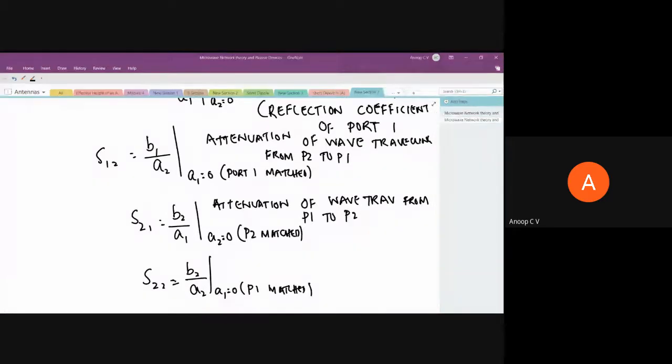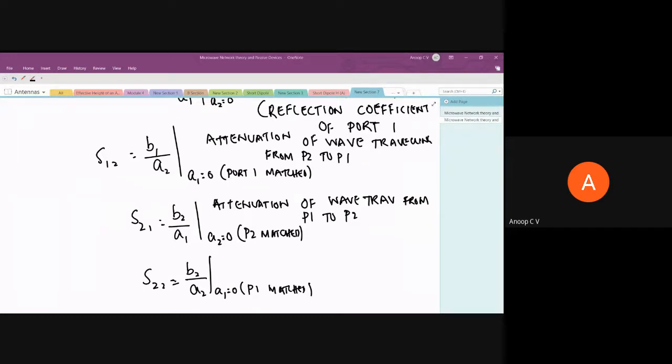You can type in the chat window. All of you can type in the chat window. Please do type in the chat window. I hope at least some are listening. If you are listening, please do type in the chat window. What is S22? Whether it is attenuation or reflection coefficient, B2 by A2.